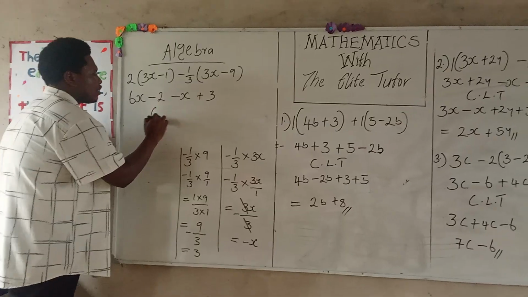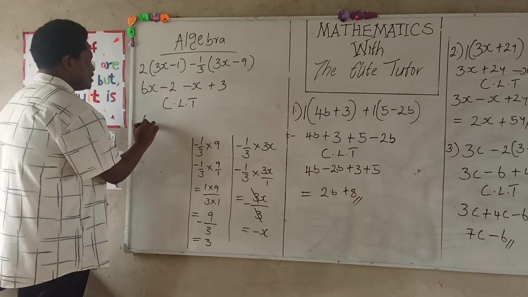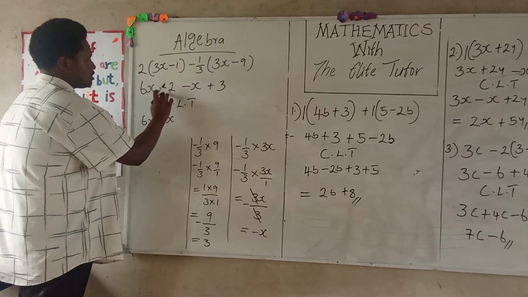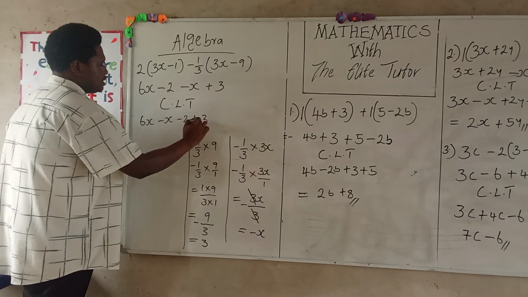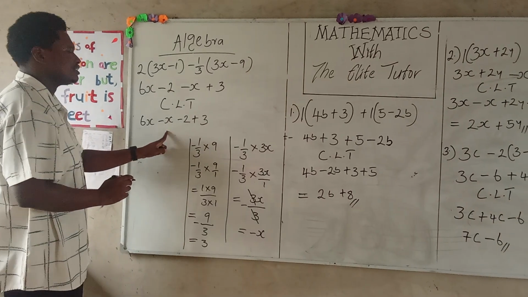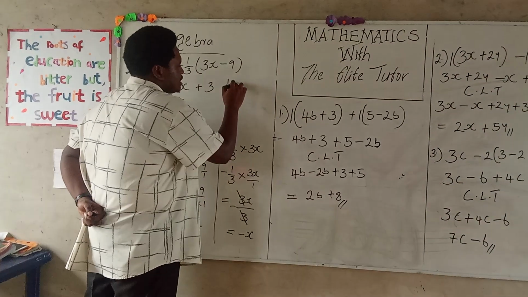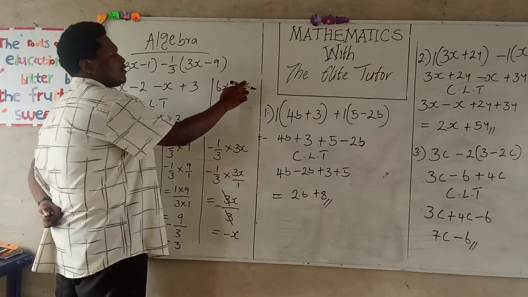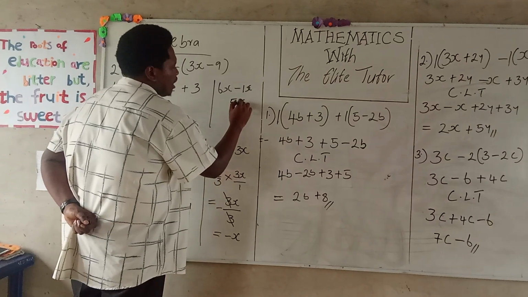At this point, we will now collect like terms. We have 6x minus x minus 2 plus 3. 6x minus x, we are saying 6x minus 1x because the coefficient of x is 1. So 6 minus 1 is 5, and then we bring down our x.